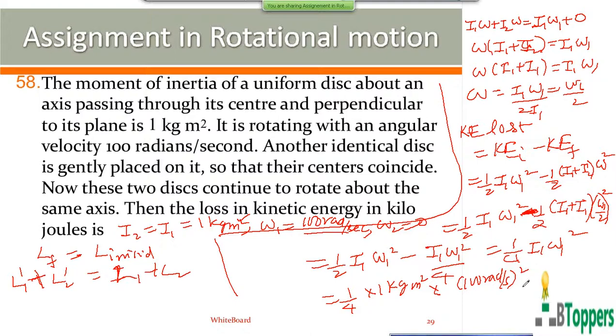We can simplify it further, so you get 2.5 into 10 cube joules, or 2.5 kilojoules. That's the answer. This problem was originally given in the MHT CET exam 2002.